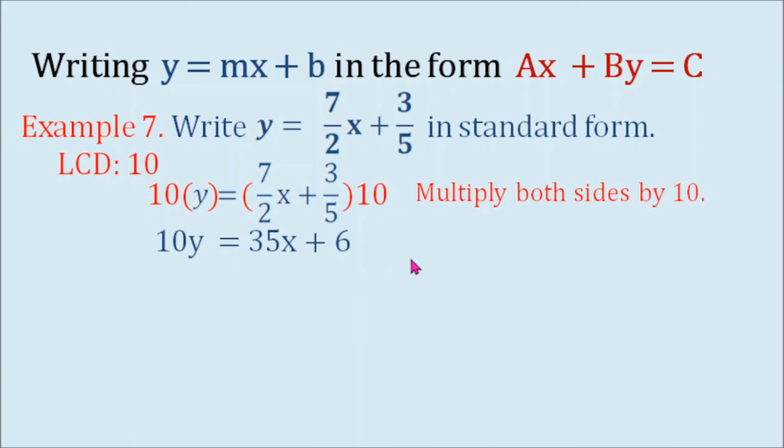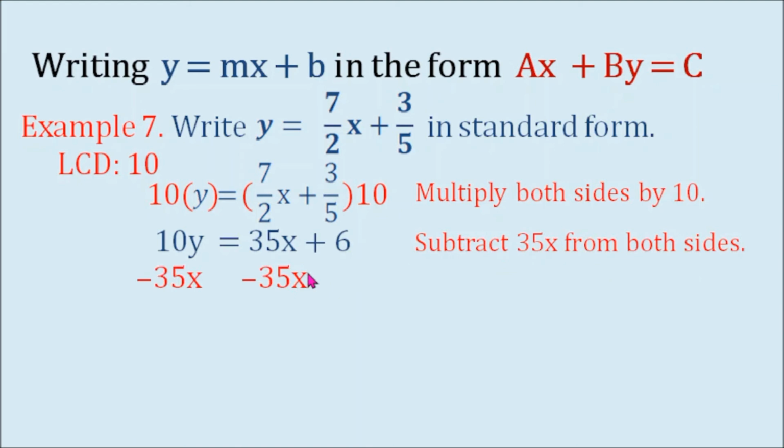The next step is subtract 35x from both sides. After this step, this is what we get: -35x + 10y = 6. This is not in standard form yet because our a here is -35. It should be positive.